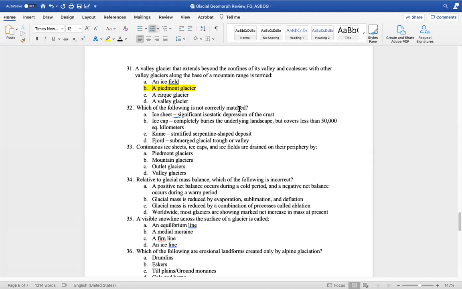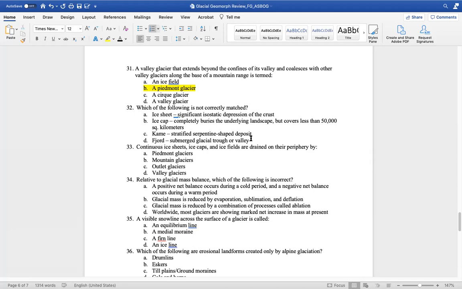A kame, a stratified serpentine-shaped deposit. That doesn't sound right. But let's consider D before we commit. A fjord is a submerged glacial trough or valley. That's absolutely true. So it looks like the kame one is incorrect. What is that description really talking about?